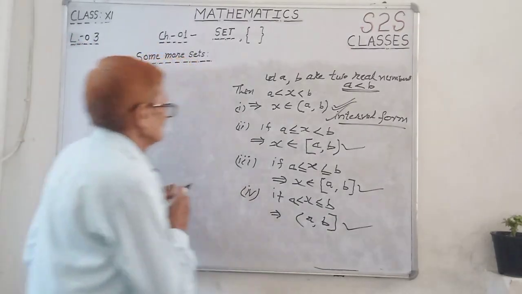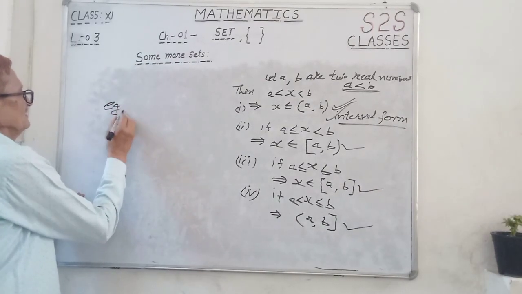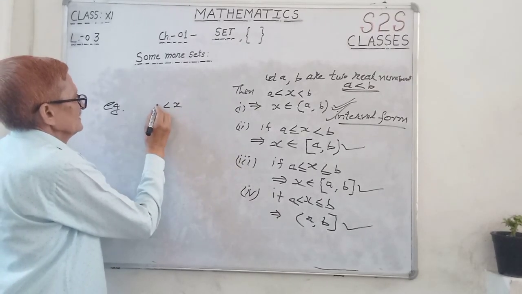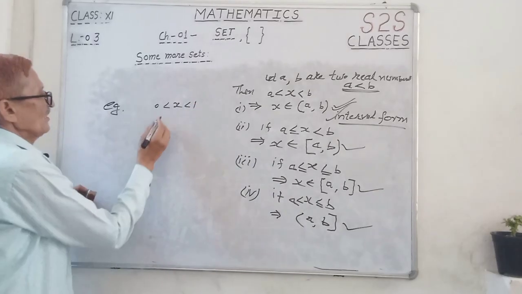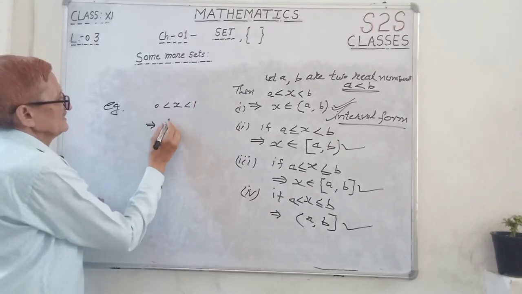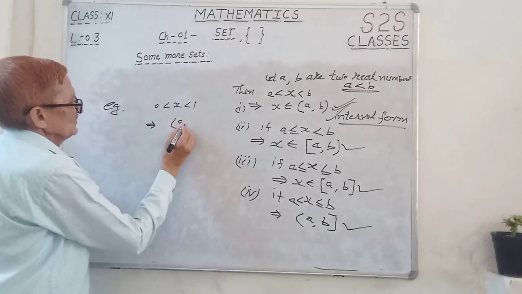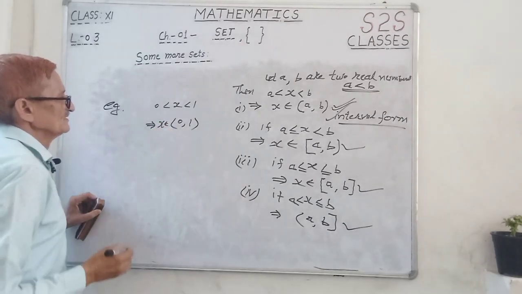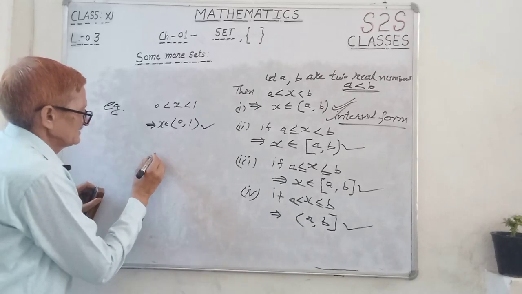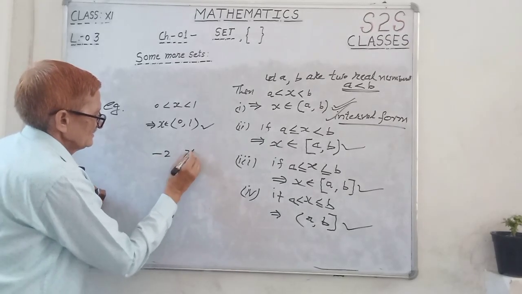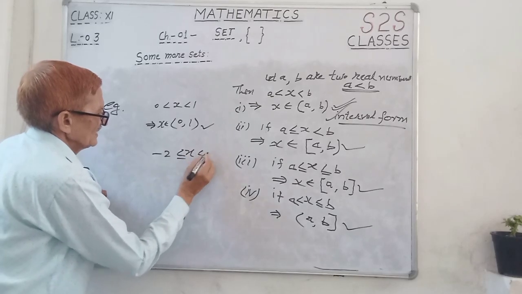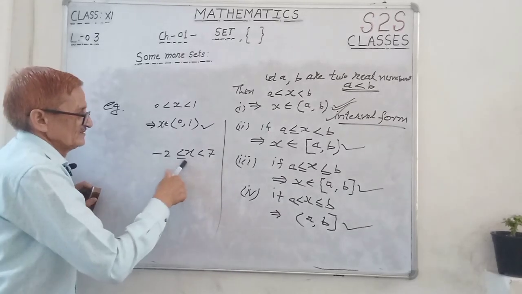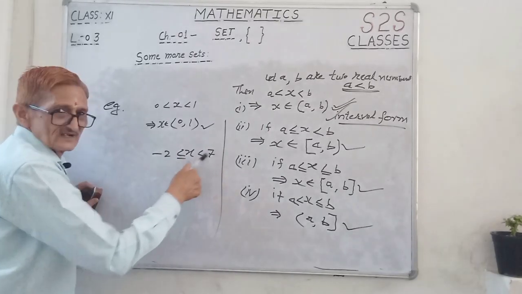For example, if you want to write all real numbers x greater than 0 and less than 1, how will you write this? You will write the open interval (0, 1): x belongs to this.